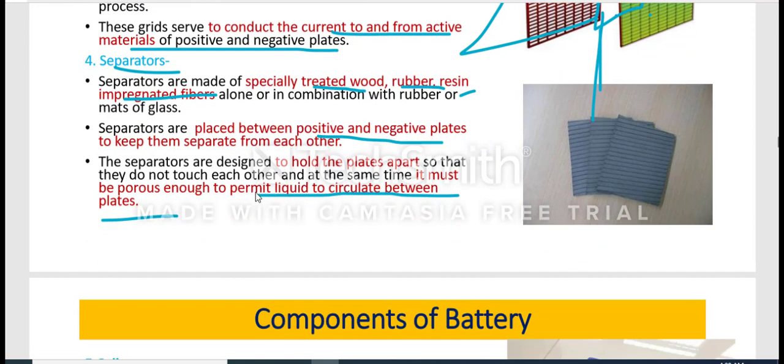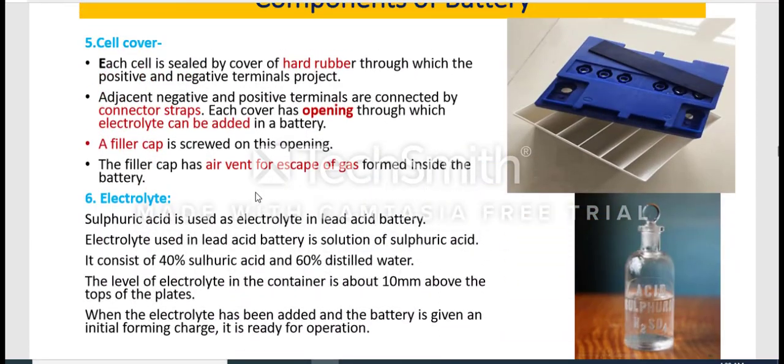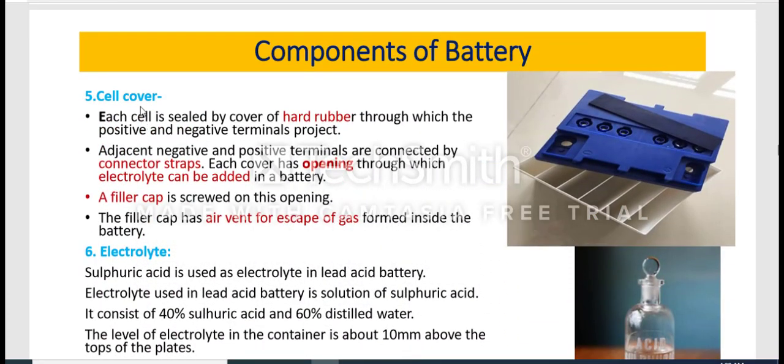Then the next component is the cell cover. This blue color part is the cell cover of the lead acid battery. Each cell is sealed with a cover of hard rubber. The material used for the cell cover is hard rubber, through which the positive and negative terminals project.